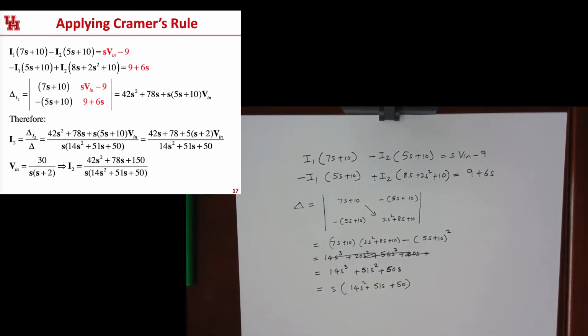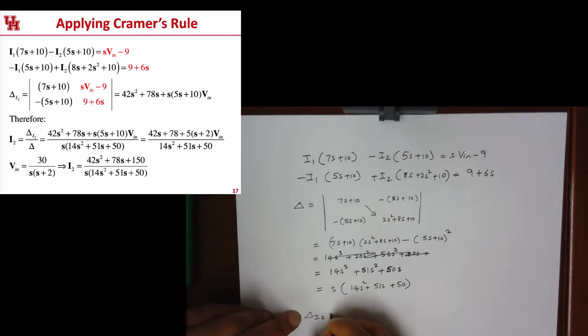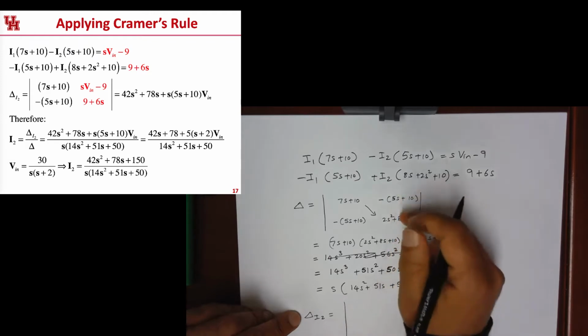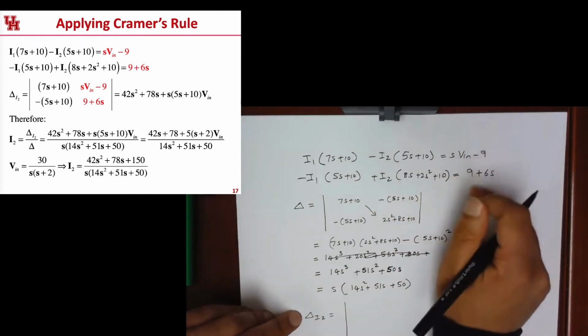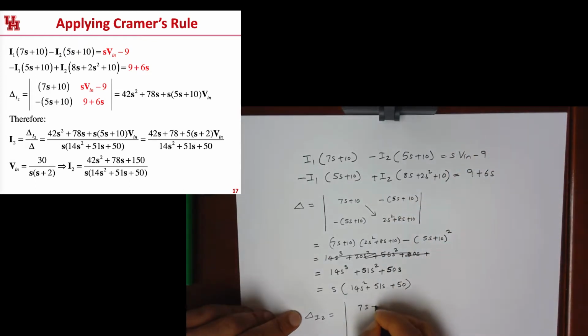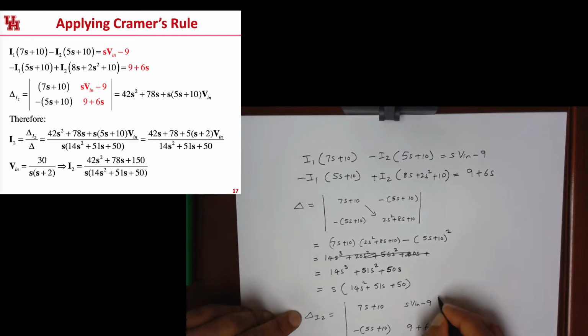So now we want to solve for I2, right? If we want to solve for delta of I2, then we just need to replace one of these columns with the input column. So 7s plus 10 and minus (5s plus 10), and then we put s Vn minus 9 here, and we put 9 plus 6s here.